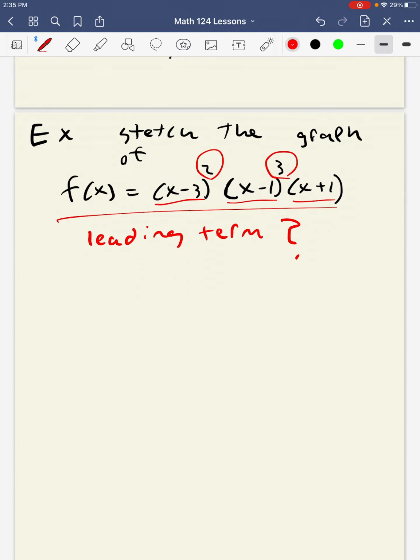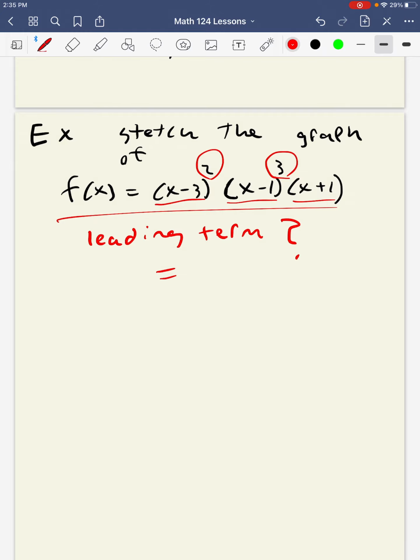What is the leading term here? Well, you'd have to multiply it all out to get the leading term, but it's quite obvious that from this term here, if we square it, we'd get an x squared. Here we'd get an x cubed. Here we'd just get an x. So x squared, and then times x cubed, and then times x, right?